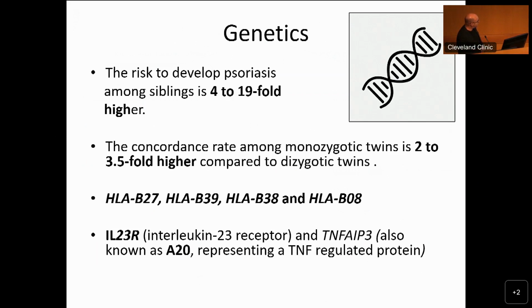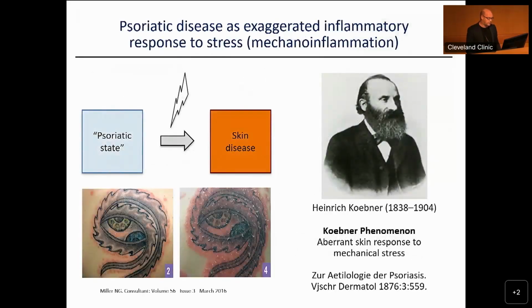What is also important in genetics is that there is a very strong link with the IL-23 receptor, which is also found in IBD, and it's also found in psoriasis, or psoriatic arthritis, and in ankylosing spondylitis, linking these diseases to a certain pathophysiologic pattern.